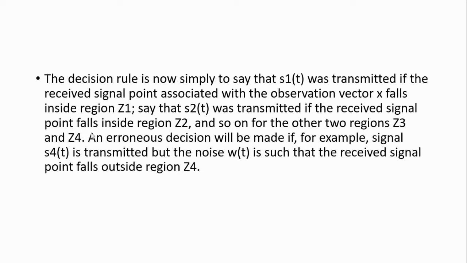Similarly, if the received signal falls inside the region Z3, the receiver decides s3(t), and s4(t) is decided if the received signal falls in the region Z4. Suppose s4(t) is transmitted, but due to the additive white Gaussian noise, the received signal falls outside the region. At that time, an error decision is made.